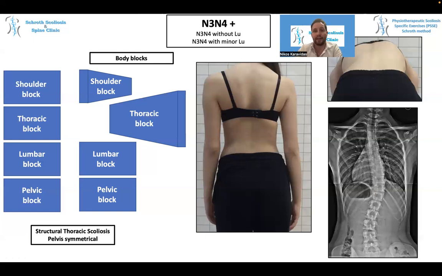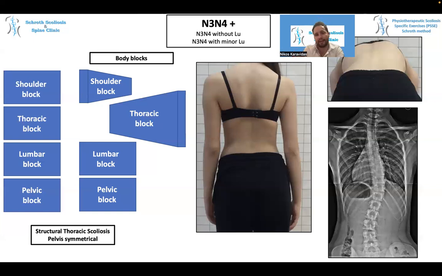And this is definitely not what you want to get from this curve type, because the pelvis is already balanced and you need to keep it balanced at the end of treatment. So it's much safer to overcorrect in some exercises, but not in all exercises like what we do in our school.